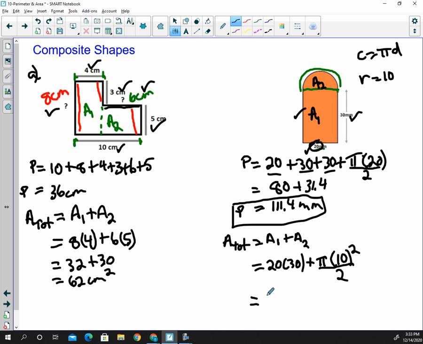All right, 20 times 30. Maybe I'll write a little bit smaller so we can get a couple lines in here. 20 times 30, that's equal to 600. And then this pi times 10 squared, which would give us 314 or so. And then divide that by 2. We get 157.1.